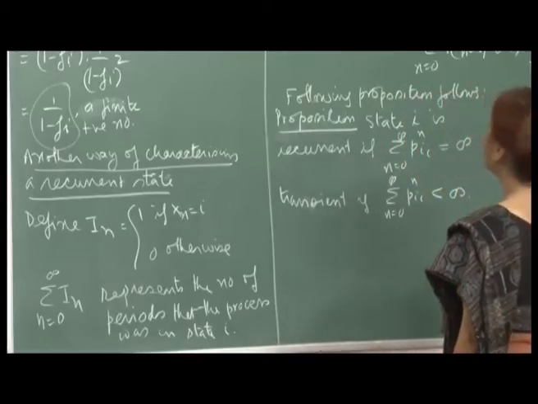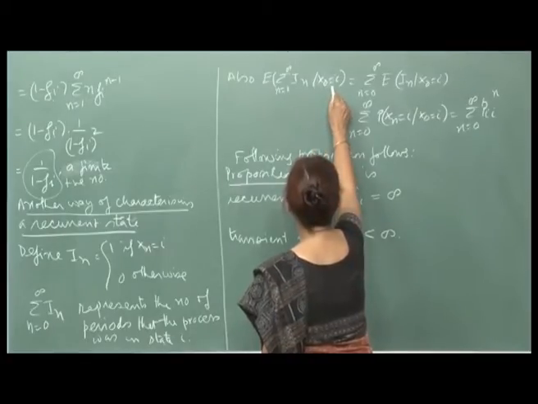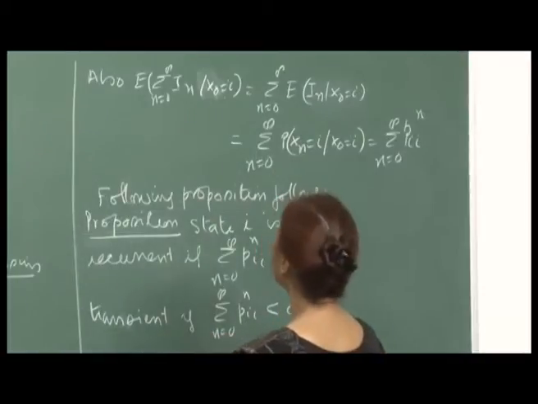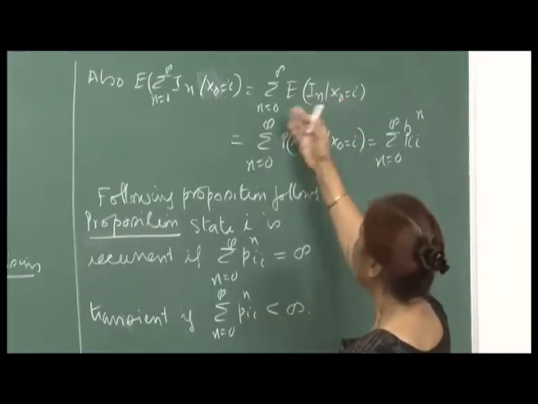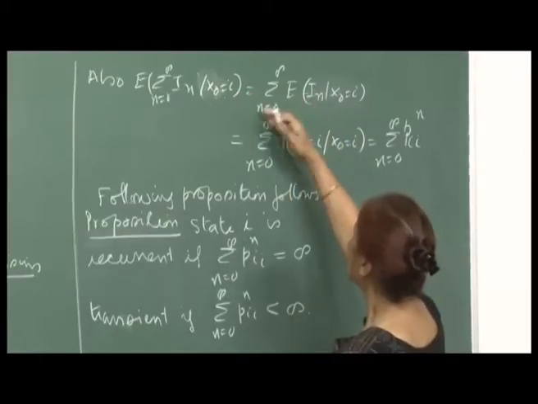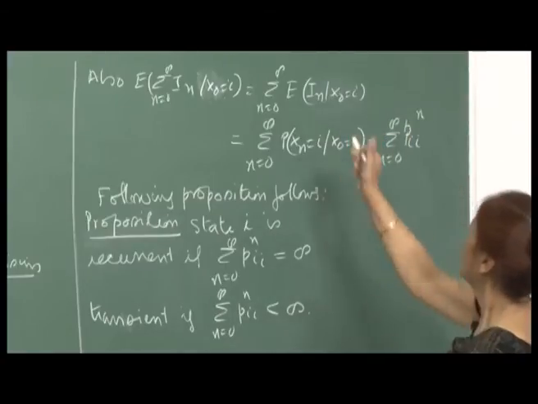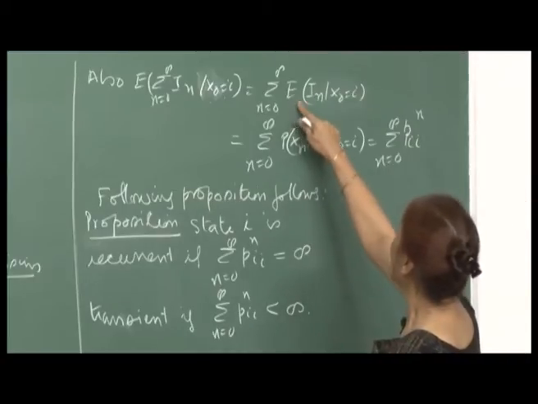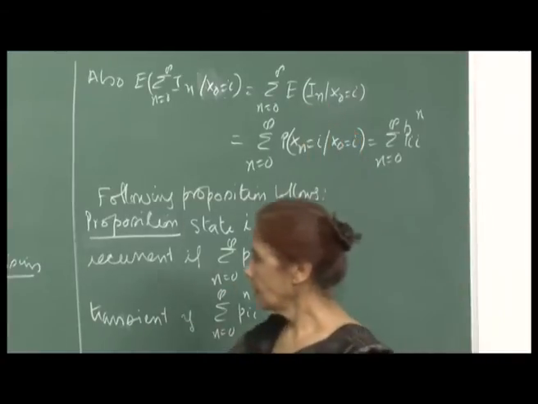And now, if you want to compute this conditional expectation, that is given X_0 is i, you want to compute the expectation of the sum of I_n, n varying from 0 to infinity. I will exchange the summation sign. If this exists, that is, if this is convergent, then obviously I can interchange. So, this is the expected value of I_n given X_0 is i, but I_n is equal to 1 if X_n is i.